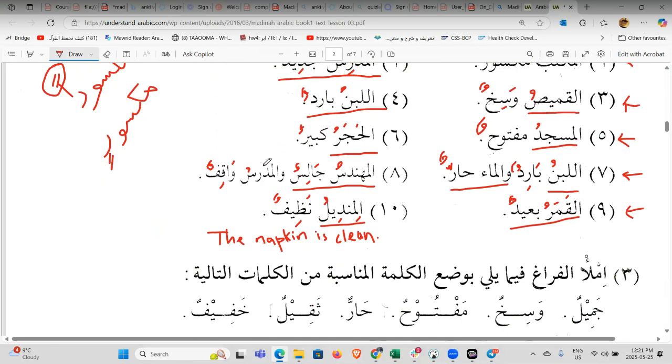Both are used. So darrasa means to teach. Allama means to impart knowledge. So al-mu'allimu is somebody who imparts knowledge. Al-mudarrisu is somebody who teaches, literally standing in the classroom and teaching and writing stuff on the board.